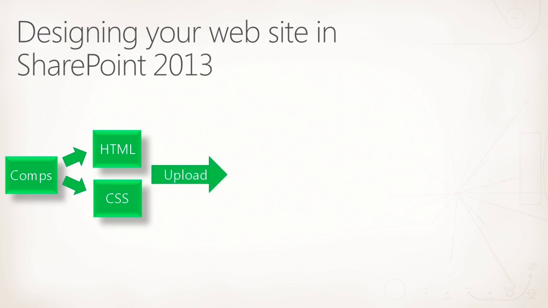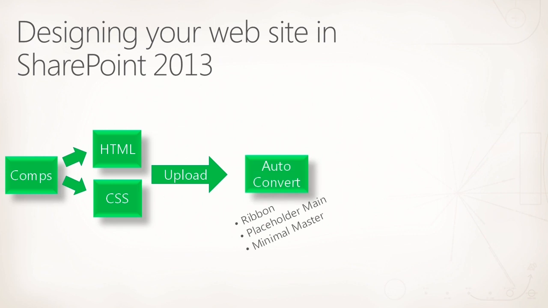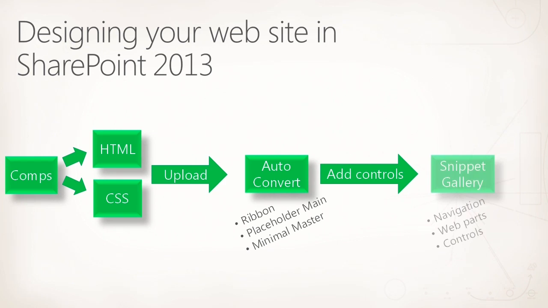In SharePoint 2013, and as you saw in yesterday's session, you can upload those directly to SharePoint. They will automatically be converted into working SharePoint master pages. We'll do those core SharePoint tasks like putting in your content placeholders, putting the ribbon in a useful spot in a way that you can move around. And then the next step, of course, is adding in a lot of those SharePoint-specific controls to make the site really be interactive based off your real data and use some of those best capabilities of SharePoint.